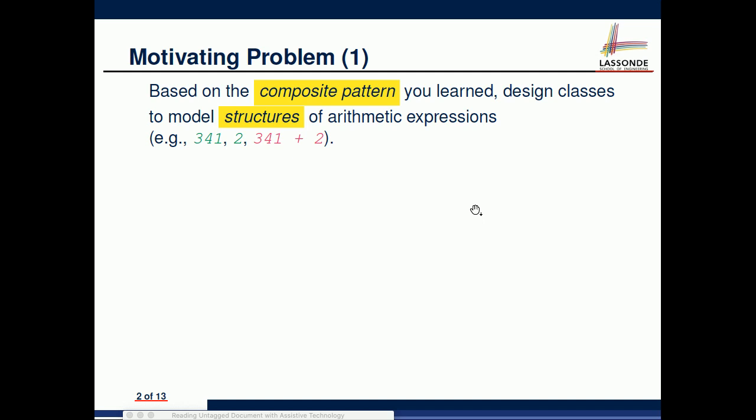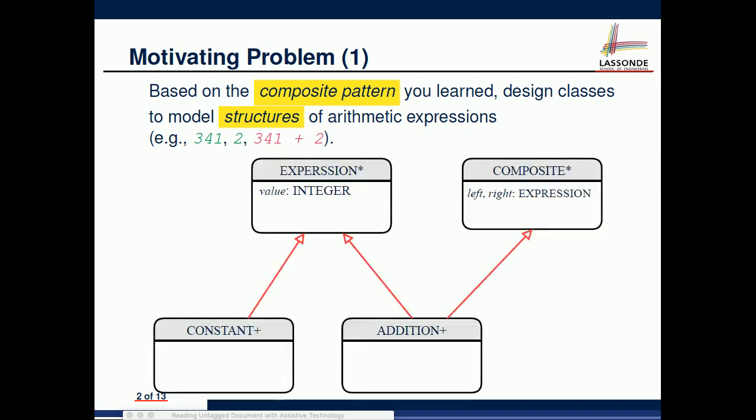Now I'm going to assume, based on what you have learned about the composite pattern, you can reasonably easily come up with a design like this. Basically, we have expression over here, and then we have constant, which is basic. We also have addition, which is composite, right?